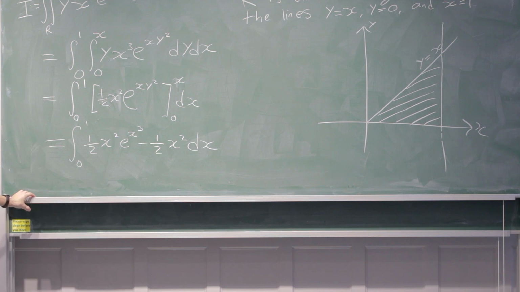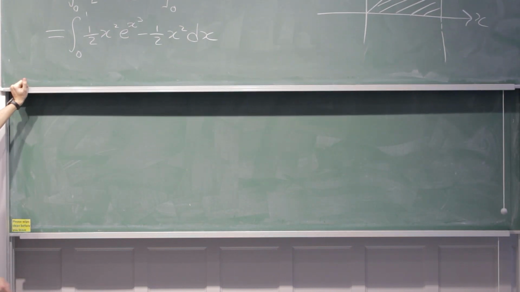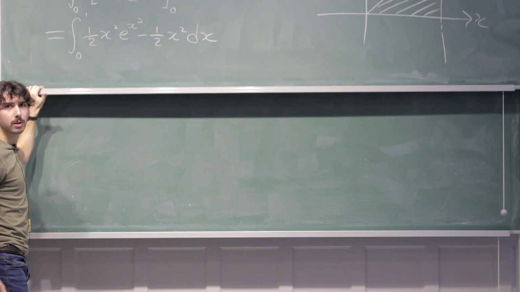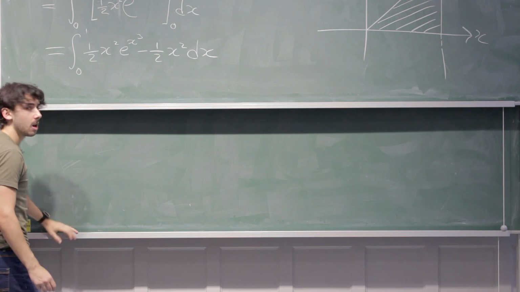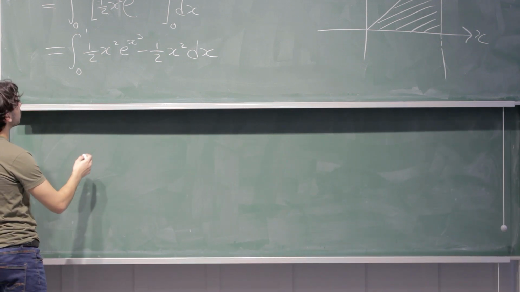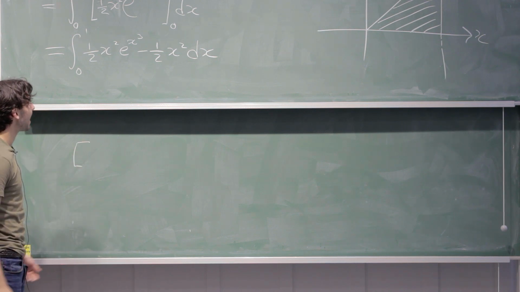This is our integral. And once again, this is a normal single variable integral, so we can do this hopefully without crazy amounts of difficulty. Let me just make sure that you can still see it while I draw. Okay, let's move this down slightly. All right, so let's do this. We have a half x squared e to the x cubed.